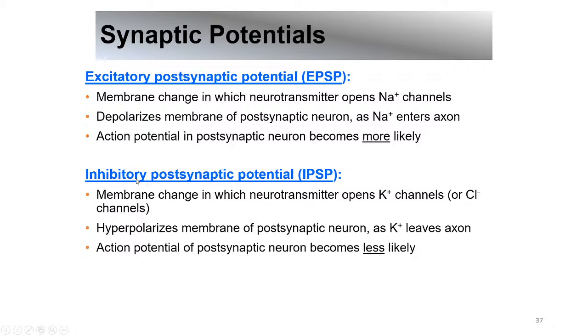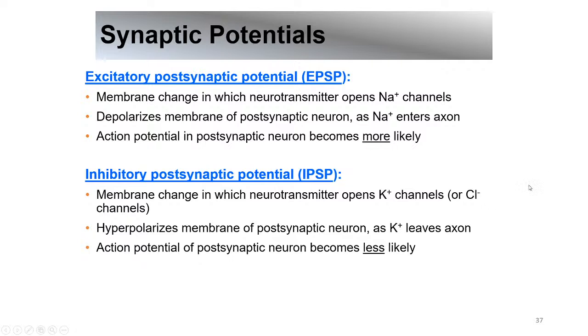On the other hand, you have inhibitory postsynaptic potentials, and these, when they bind, are going to open potassium channels or chloride channels. If you open a potassium channel and let potassium out of the cell, that's going to make it more negative. There's a lot of, also by the way, chloride outside of the cell. Sodium and chloride are at high concentration outside the cell.